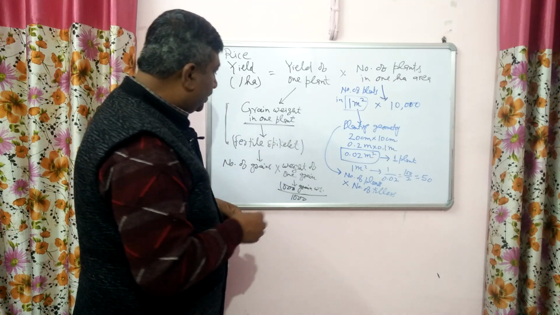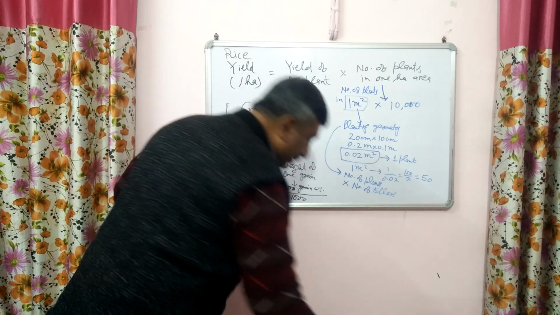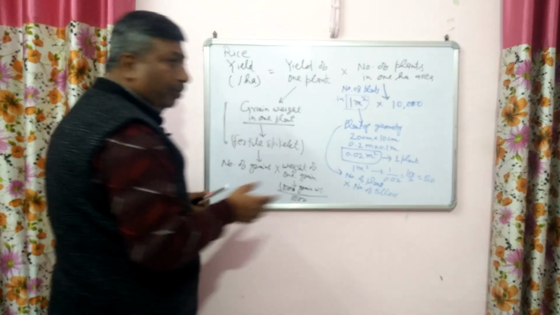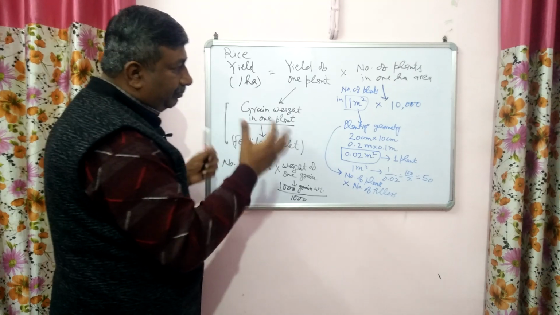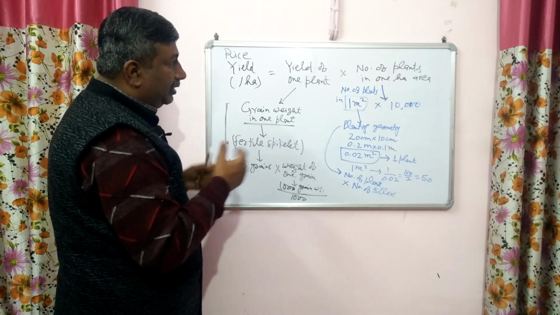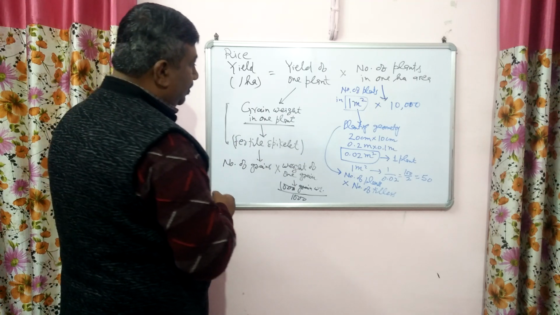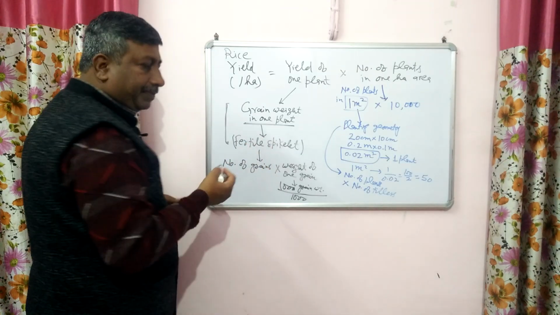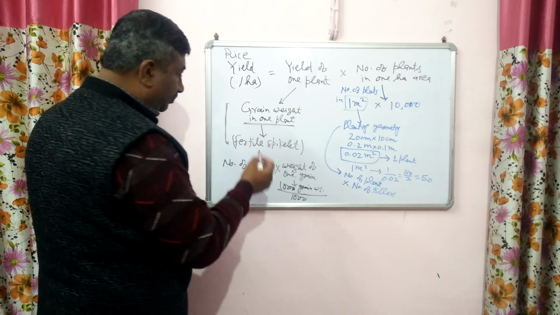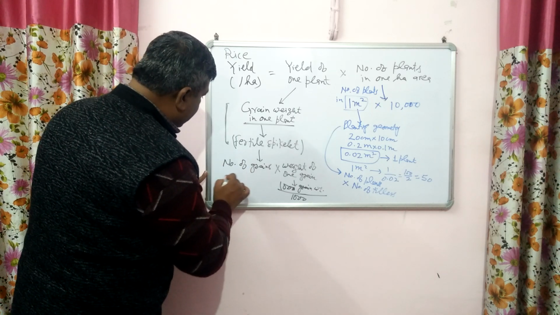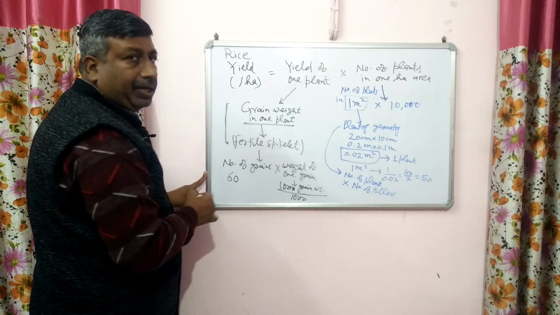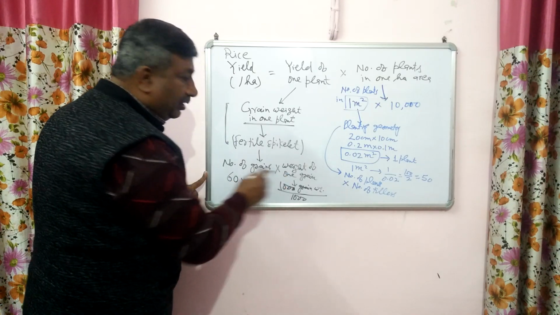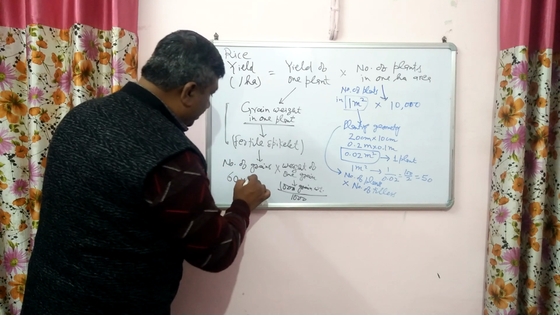Okay. So we can calculate this with a different numerical. Okay, so suppose the number of grains is 60 in one plant, and the 1000 grain weight is about 20.